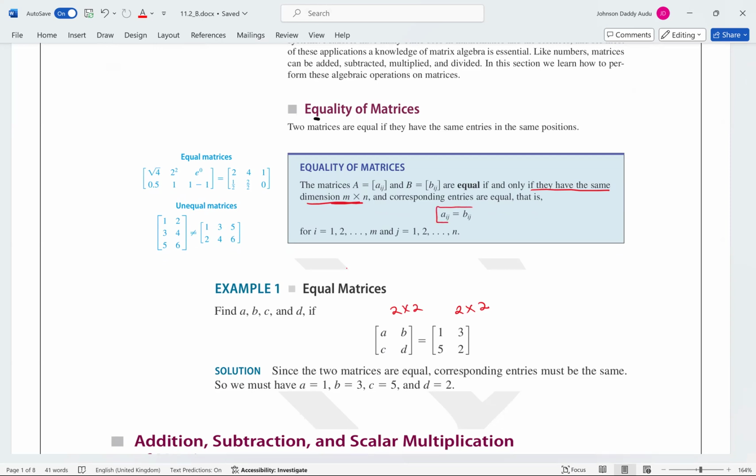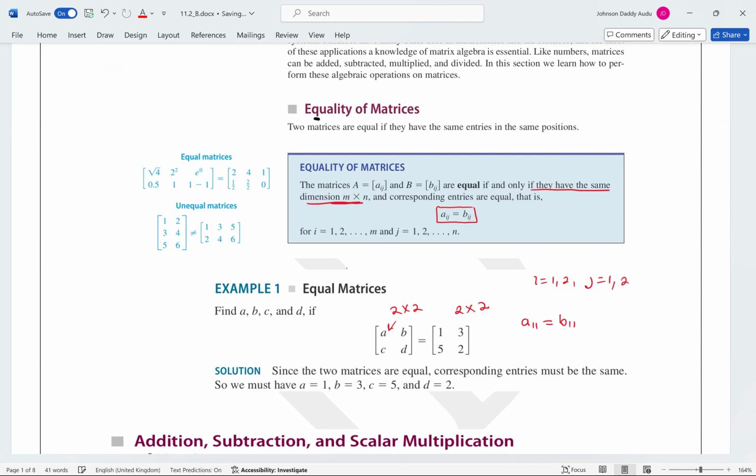It says Aij must be equal to Bij. So for this particular matrix, what is i? We see i can be 1, it can be 2. Also, j can be 1, it can be 2. So it means that each entry must be the same. So for this matrix to be equal, A11 must be equal to B11.